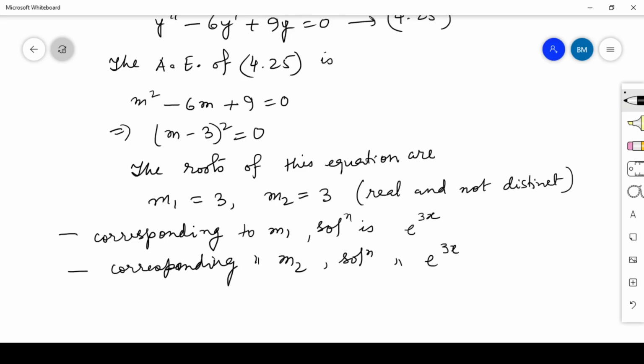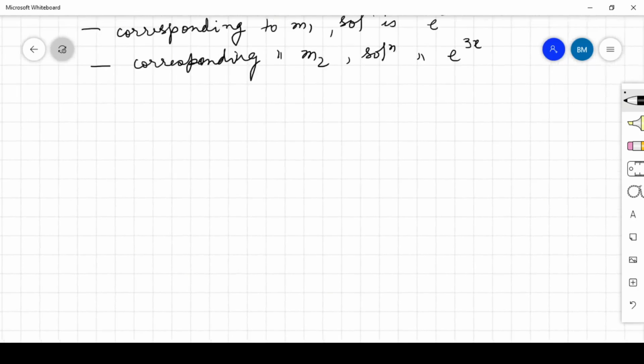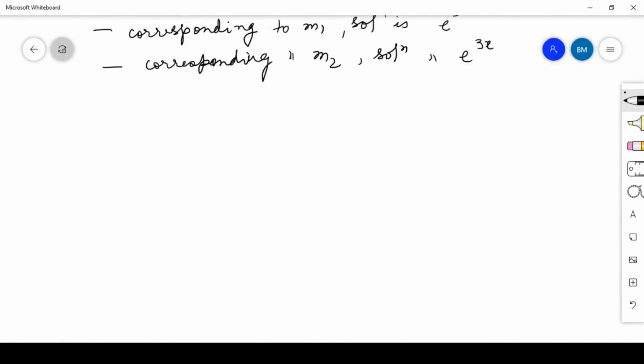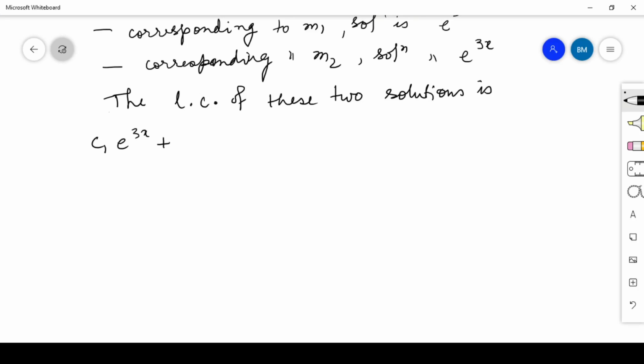So the linear combination of these two solutions, we have learned, is C1 e to the power 3x plus C2 e to the power 3x. But it is not the general solution.